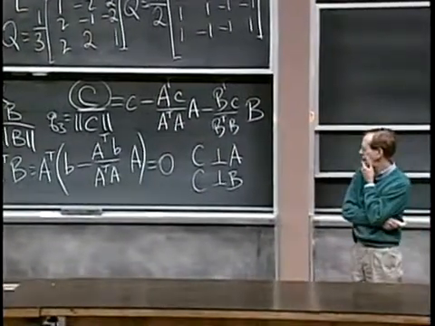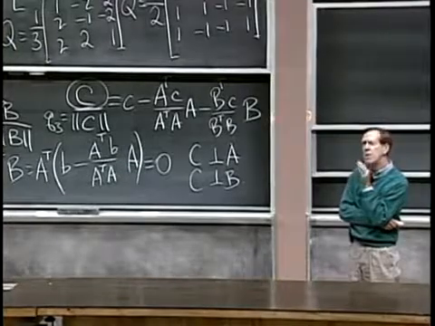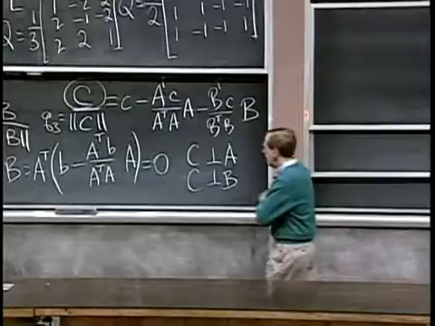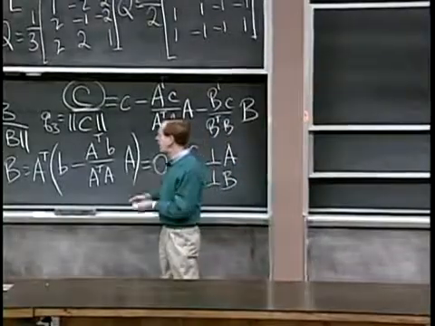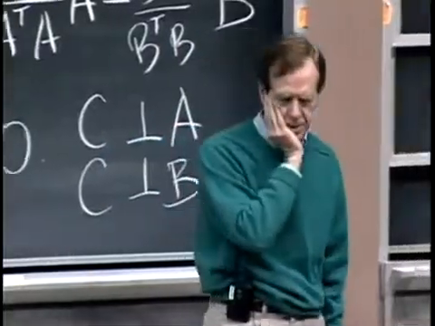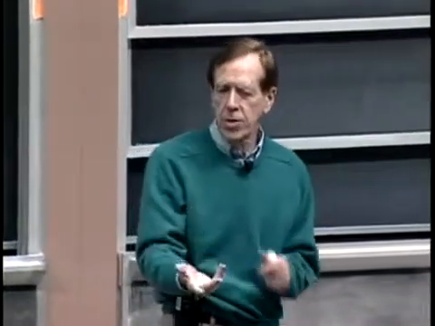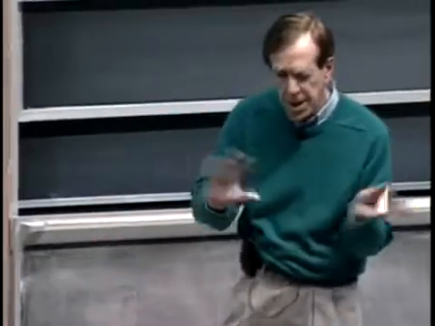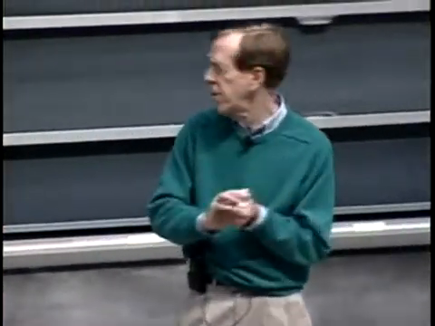Okay. Let me do an example. I'll make my life easy. I'll just take 2 vectors. So let me do a numerical example. If I give you 2 vectors, you give me back the Gram-Schmidt orthonormal basis, and we'll see how to express that in matrix form.